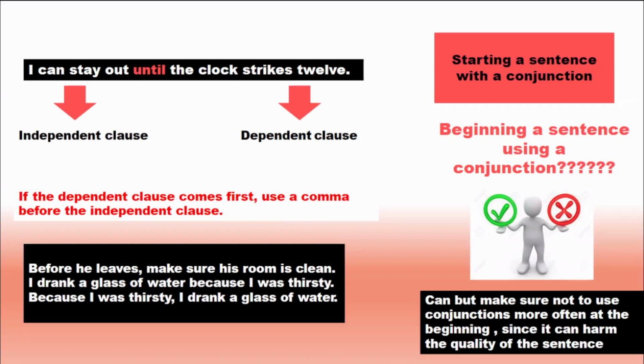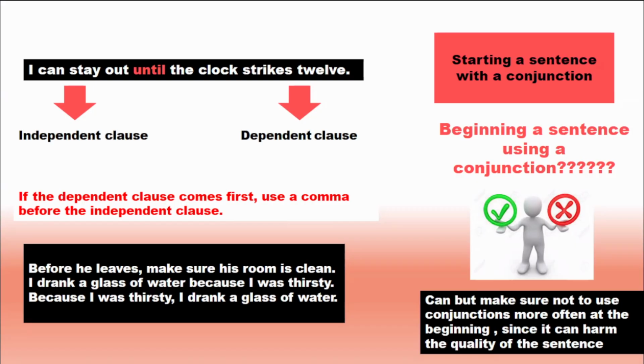If the dependent clause comes first, you have to use a comma before the independent clause. Right? If the dependent clause comes first, for example, if you write Until the clock strikes 12, I can stay out, you have to place the comma first, right? Like this: Until the clock strikes 12, comma, I can stay out. With your examples, before he leaves, make sure his room is clean.